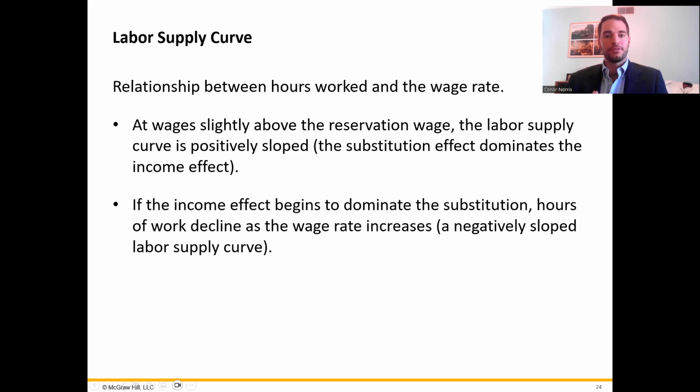Now, I'm going to briefly touch on what we call the backwards bending supply curve. So basically, right above the reservation wage, the labor supply curve is positively sloped, meaning that more money leads to more hours worked and less leisure. But after a while, at high enough wages, people begin to be willing to work less and consume less so that they can enjoy more leisure.